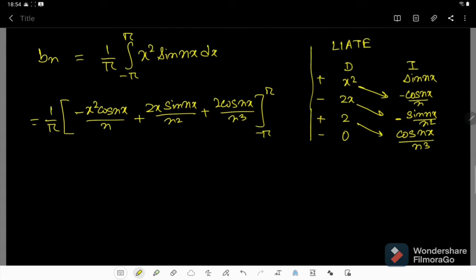So, again the sin term will vanish under these limits. So, I will not calculate that, it will be 0.